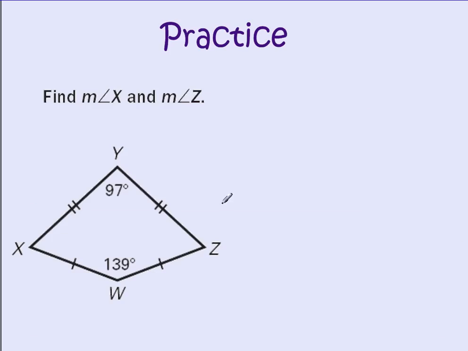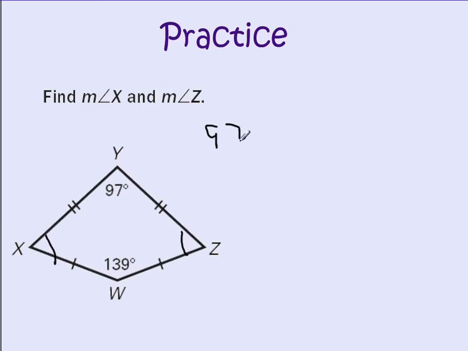Here it's asking us to find the measures for x and for z. Noticing that angles x and z are formed by one pair of the congruent sides as well as the other pair, we know that these angles have to be congruent. So we can set up an equation to solve for this, because we know that the interior angles in a quadrilateral have to add up to 360.